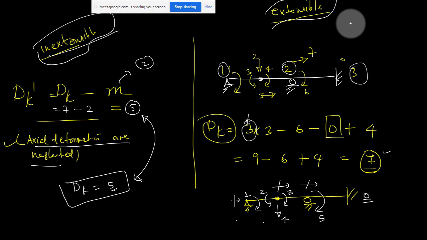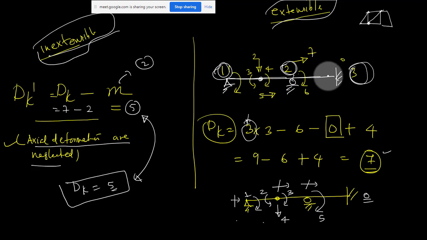If you have any structure, so many members are there, and different members are connected to the joints. If this is your first joint, this is my second joint, this is my third joint, that means my members should be: 1 2 is the first member, and 2 3 is the second member. So you should not take it as a member and then also take it as a joint, otherwise you have to modify your equation also.